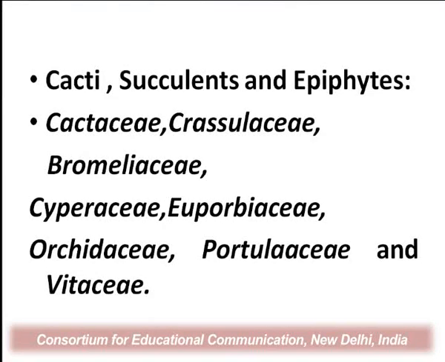It has been calculated that over 16,000 species exhibit the CAM cycle or CAM metabolism. They include the families Cactaceae, Crassulaceae, the bromeliads or Bromeliaceae, which also includes pineapple, Cyperaceae, the sedge family of monocots, and Euphorbiaceae.